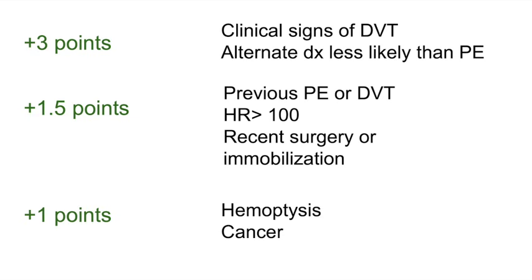They would be assigned a score of 1.5 if they had a previous PE or DVT, a heart rate greater than 100, and a recent surgery or immobilization. And they'd be assigned 1 point if they have hemoptysis or cancer.